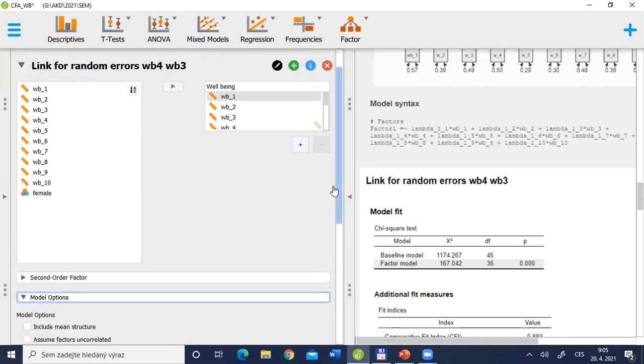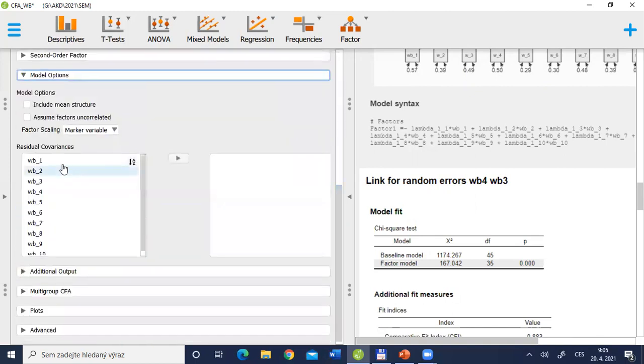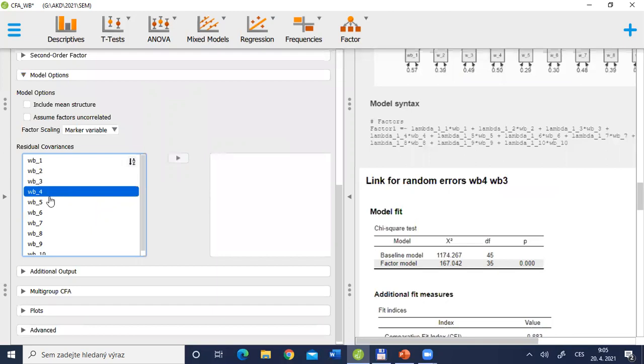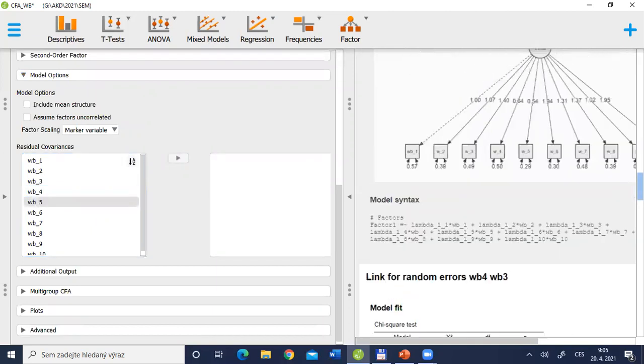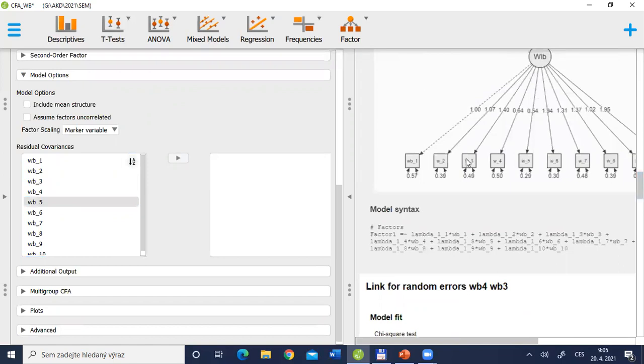So here we can see the list of all individual variables in my model. And if I would like to add a relationship for the random errors of the third and the fourth item, I would need to take these three items. So I can click on the first one, then Control and click on the second one, and link these random errors together.